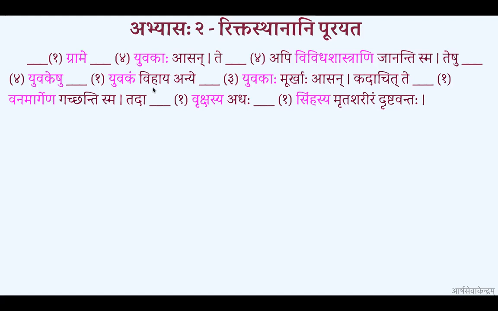Vihaya means leaving alone, leaving aside, putting aside, keeping aside. Anye Yuvakaha, Anye Trayaha Murkhaha. Why Anye? We studied Anya in the last class. Why are we using Anye and some other form?